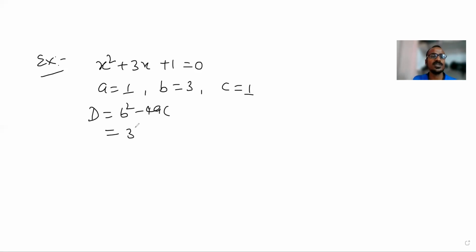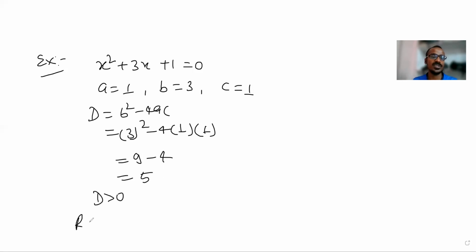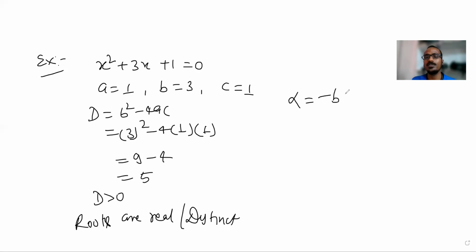That will become 3 square minus 4 into 1 into 1. 9 minus 4. 9 minus 4 is equal to what, guys? 5. Then what do we conclude, guys? D greater than 0. Hence roots are real and distinct. Now we can calculate alpha, minus b plus root D by 2a, and beta is equal to, guys, minus b minus root D by 2a.